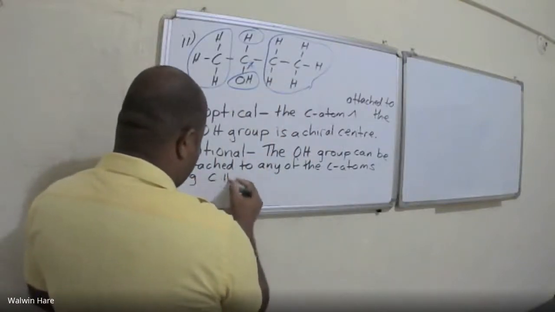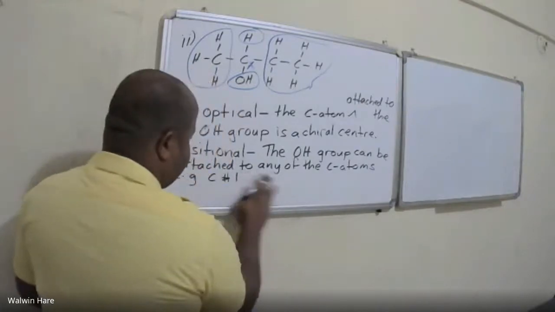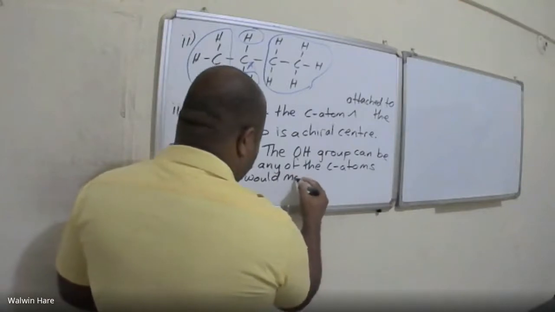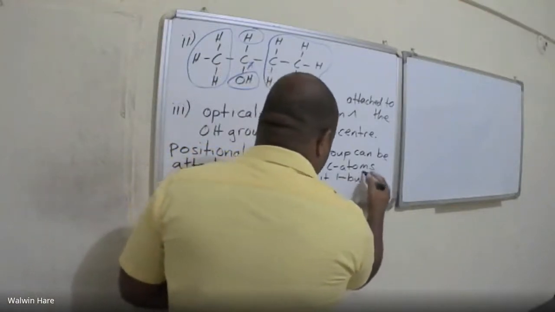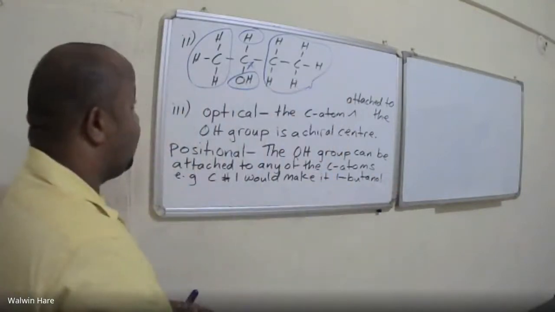Example, carbon number 1 would make it 1-butanol.